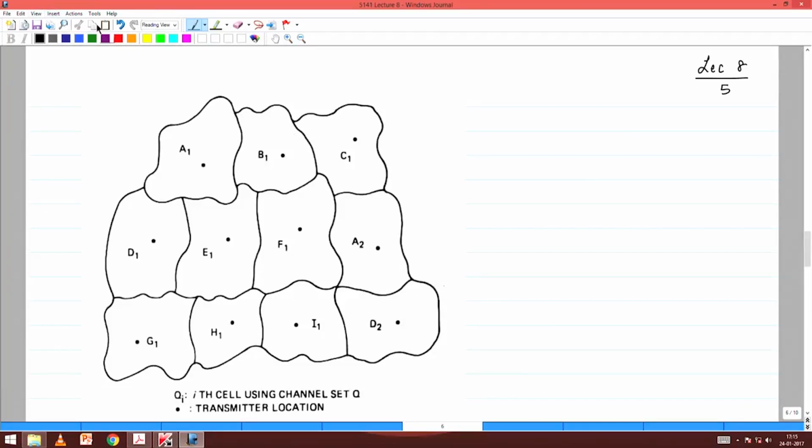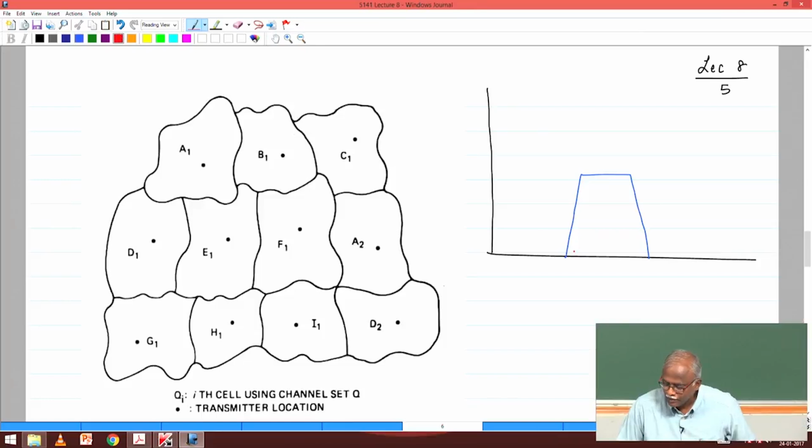So let's take a quick look at the type of interference that we are dealing with. If blue is your desired signal, and somebody else, geographically away from you, is using the same spectrum, the same frequency, that means there is another person who's got this red signal.